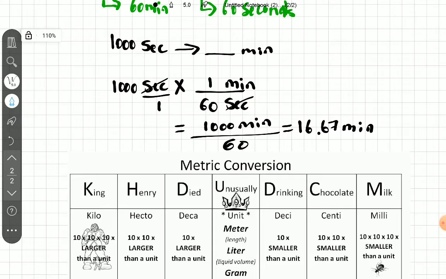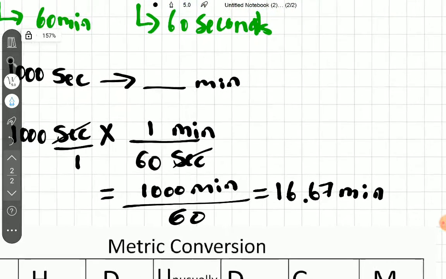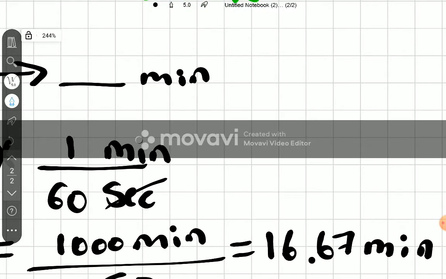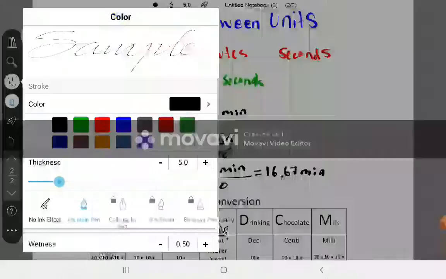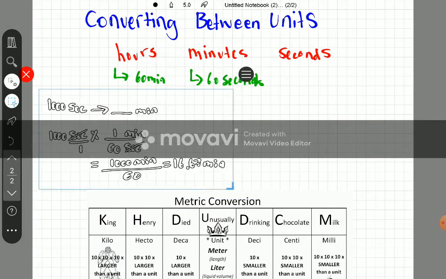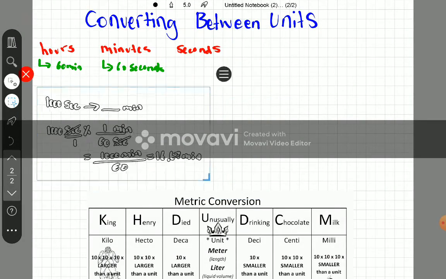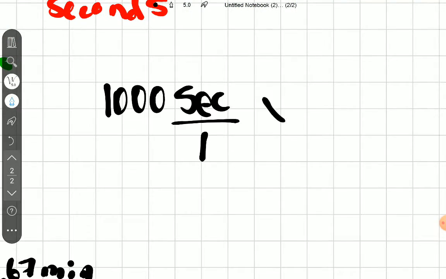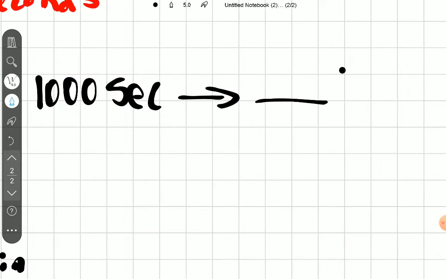And then say you wanted to convert this 1,000 seconds into hours instead. How would we do that? And we want to convert this to hours.